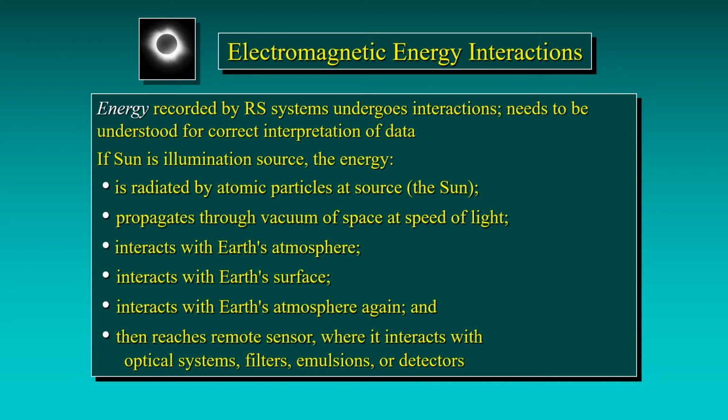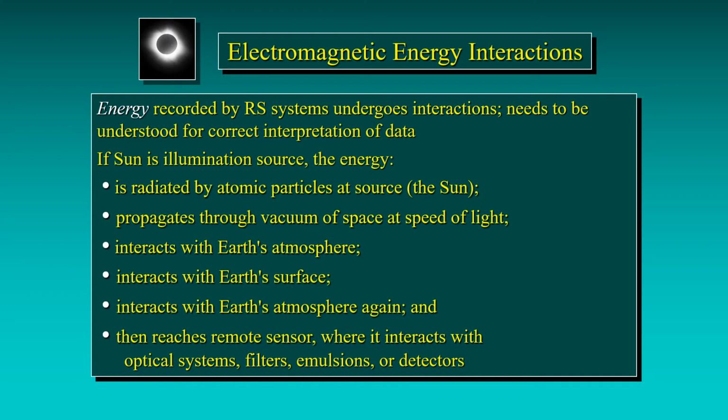So in that scenario then, the energy is going to be radiated by atomic particles at the source. In this case, it's going to be the sun. It's then going to propagate through the vacuum of space at the speed of light. That energy then is going to interact first with the Earth's atmosphere. Some portion of that electromagnetic radiation is going to be interacting with the Earth's surface.